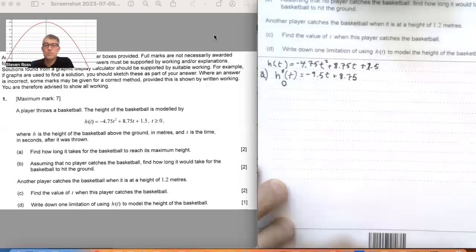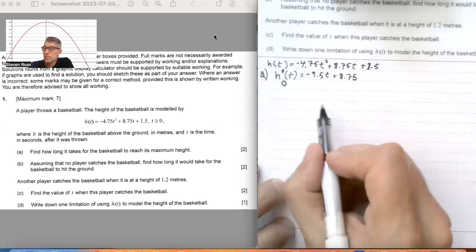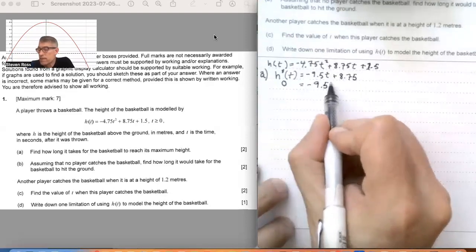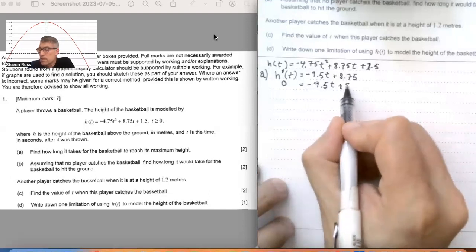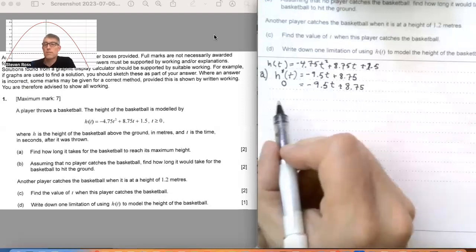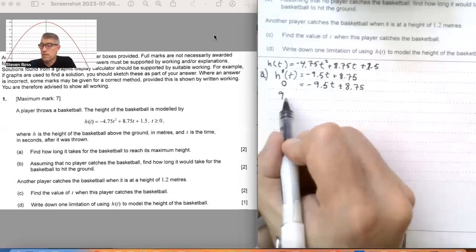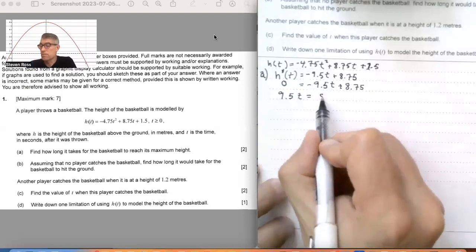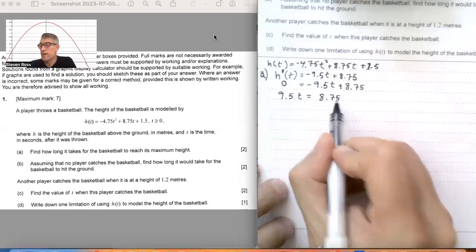So let's replace the derivative with 0. 0 is equal to negative 9.5 t plus 8.75. Move the negative 9.5 t over to the other side, and we have 9.5 t is equal to 8.75.